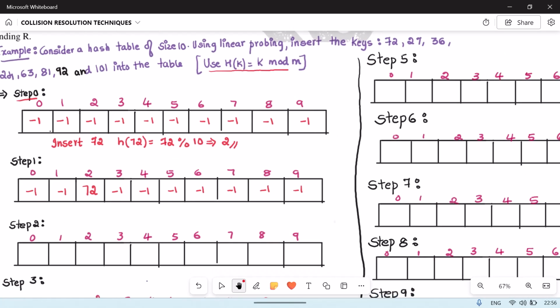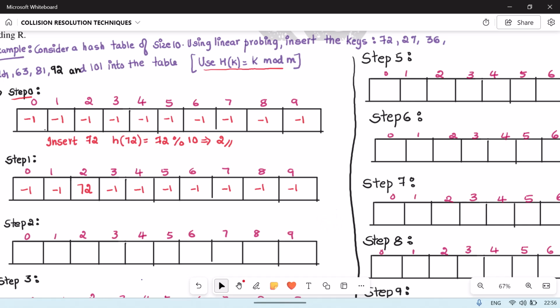Likewise, let's try to insert the next element. Next element is 27. Now, can you tell me what is 27 mod 10? h(27) is 27 mod 10, which is 7.